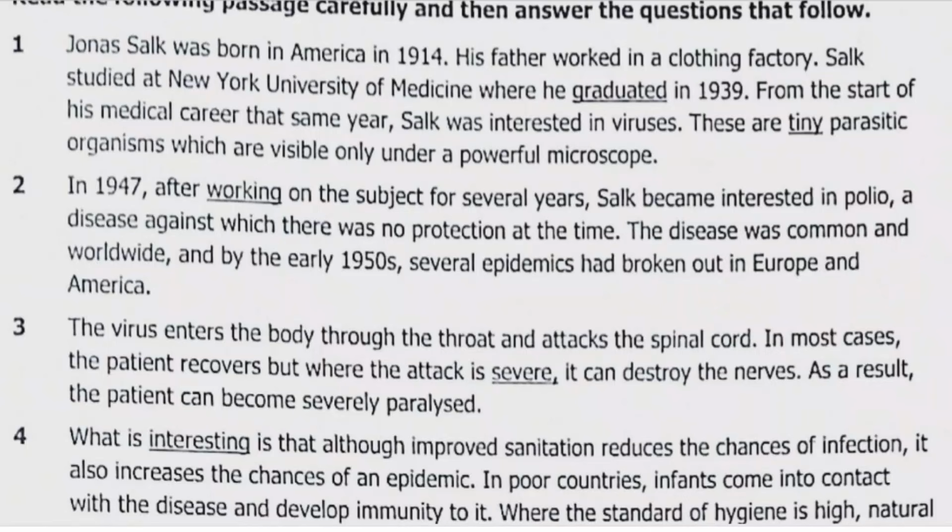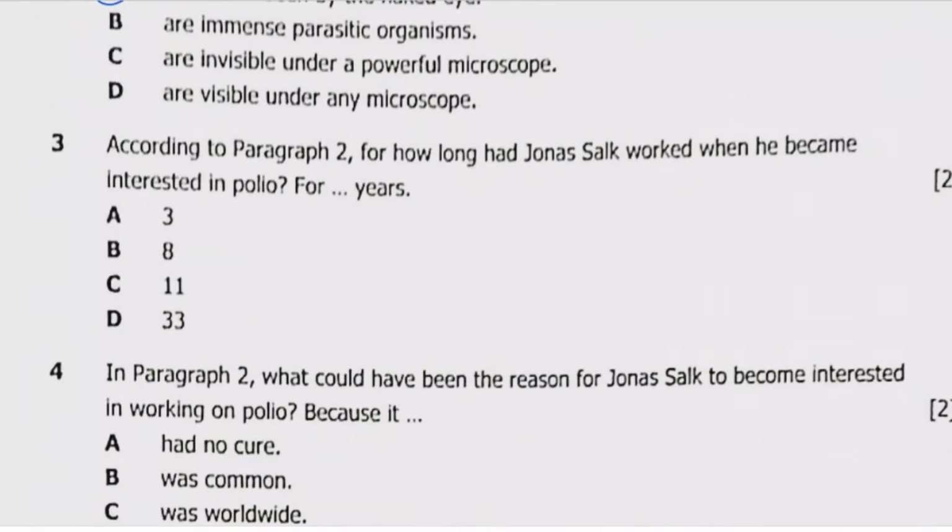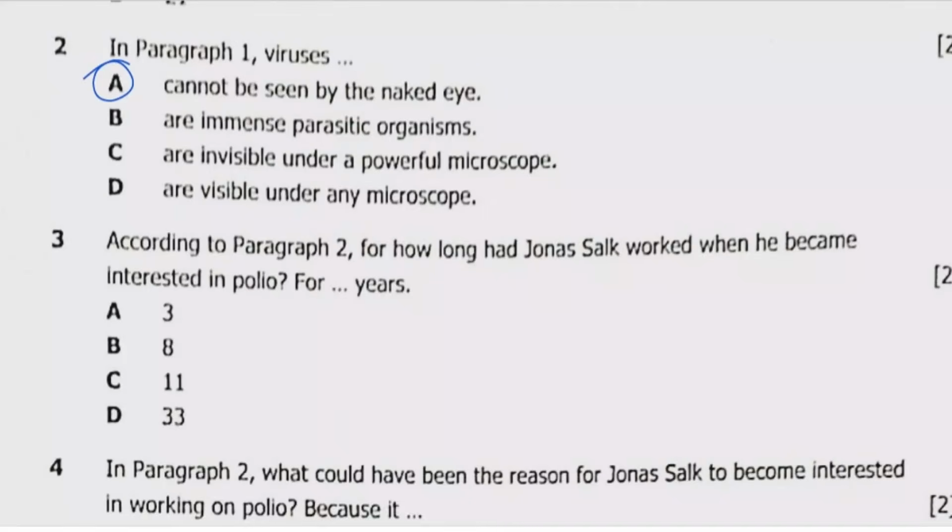So he became interested in polio in 1947, and he started working, from paragraph 1 we are told, in 1939. So the difference between 1939 and 1947 is the number of years he worked. Okay, so we can go to the question. According to paragraph 2, for how long had Jonas Salk worked when he became interested in polio?